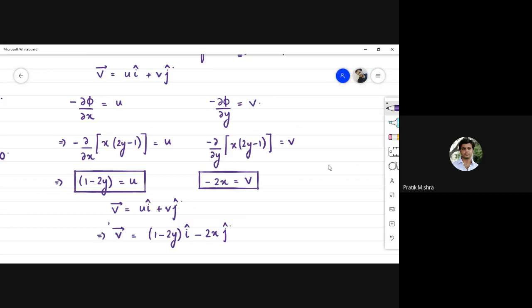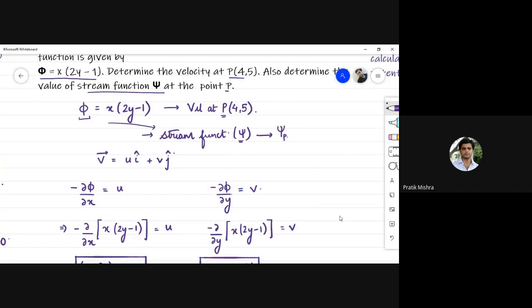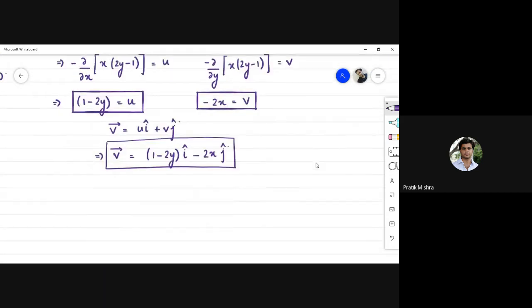ठीक, अब you need to determine the velocity at point P whose coordinates are given as 4, 5. ये क्वेश्चन में आपको पॉइंट दिया हुआ है P, जिसके कोऑर्डिनेट्स 4, 5 है.